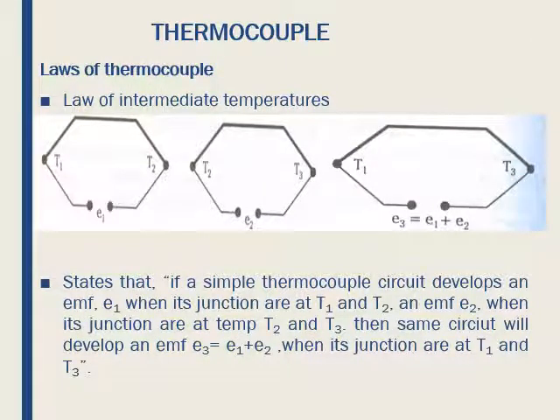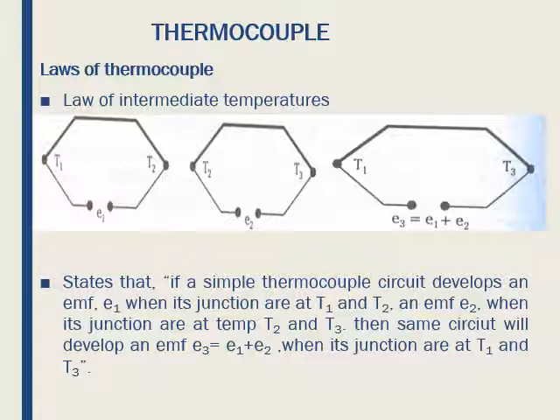Law of intermediate temperatures. It states that if a simple thermocouple circuit develops an EMF E1 when its junctions are at T1 and T2, and EMF E2 when its junctions are at temperatures T2 and T3, then the same circuit will develop an EMF E3, which is equal to E1 plus E2, when its junctions are at T1 and T3.